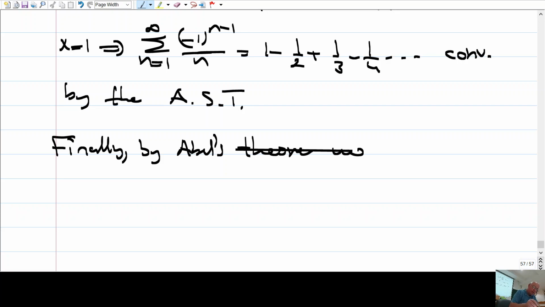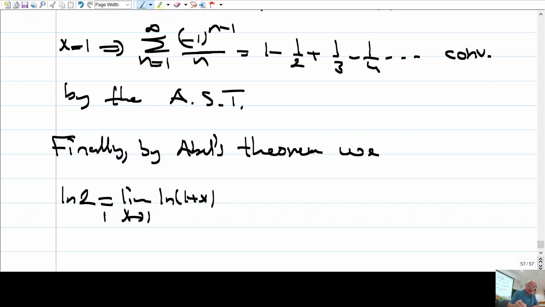we have, if you like, let me write it in detail just once. ln 2 is this, ln of 1 plus 1, or let me write it as the limit as x goes to 1 of ln(1 plus x), right? I have this equality because the logarithm function is continuous.